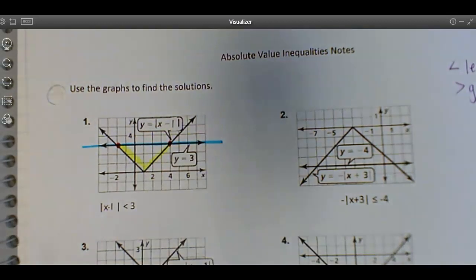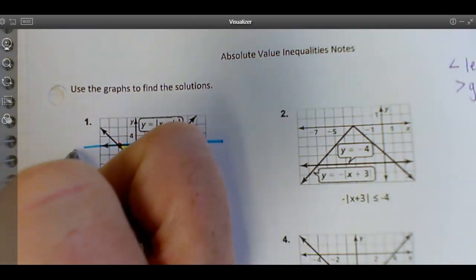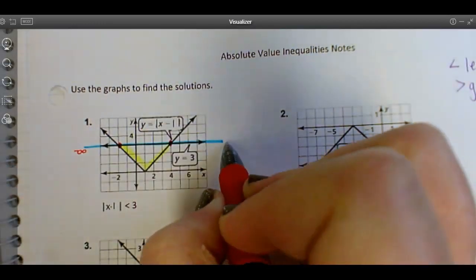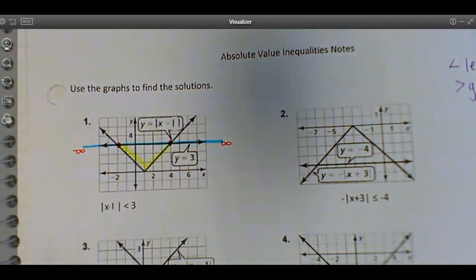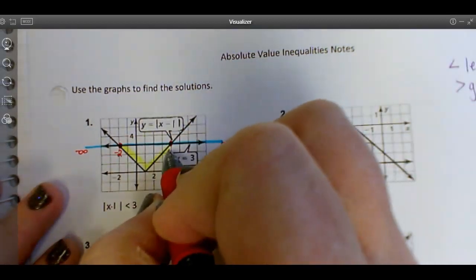And we think about this negative infinity and infinity thing. Okay? Negative infinity, like when I think about that line right here, negative infinity's over here, infinity's right here. And then those two intersections are the x values. So, negative 2 and 4.